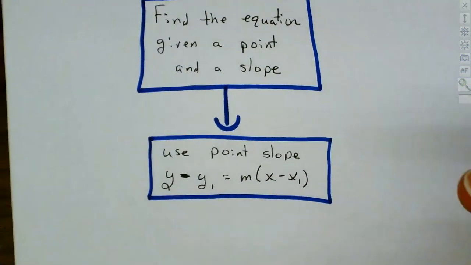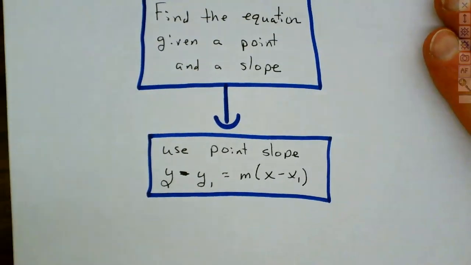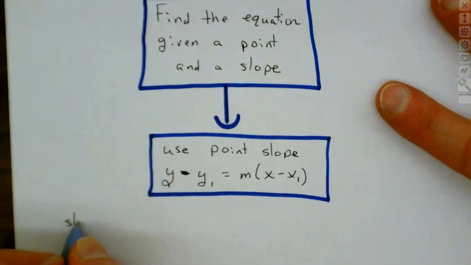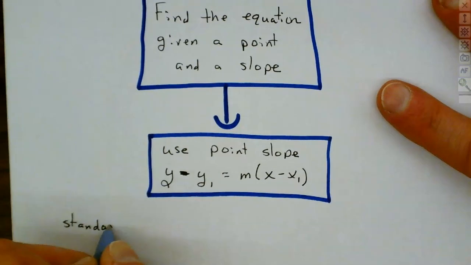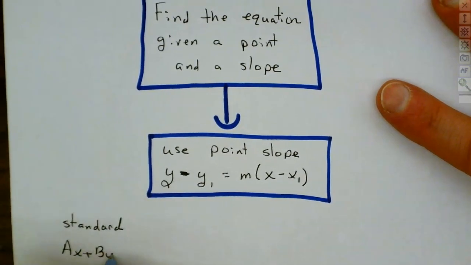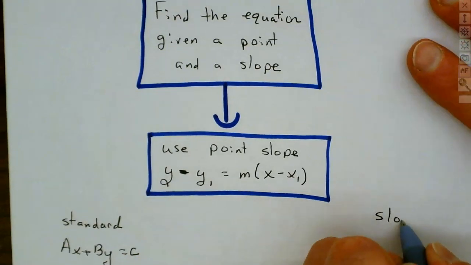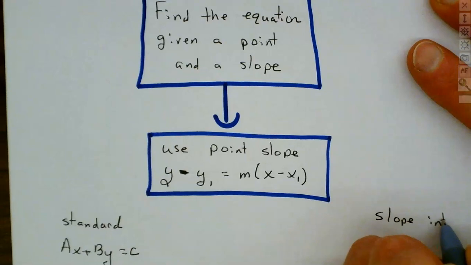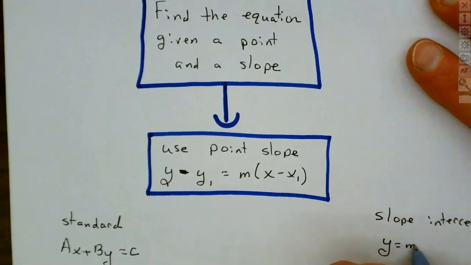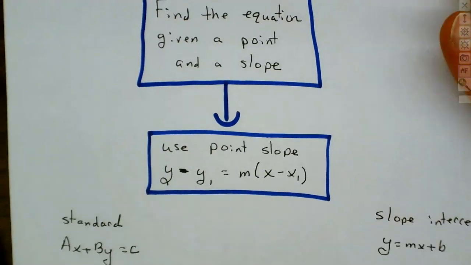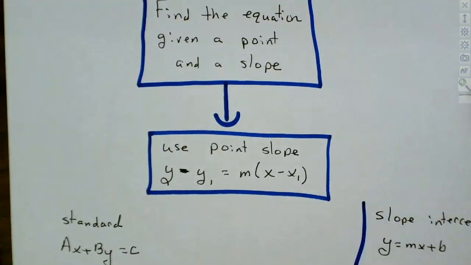And then we'll either go over here to standard form or slope-intercept form. We'll go over here to slope-intercept, which is y equals mx plus b. Okay, so this is what we're going to be doing here.